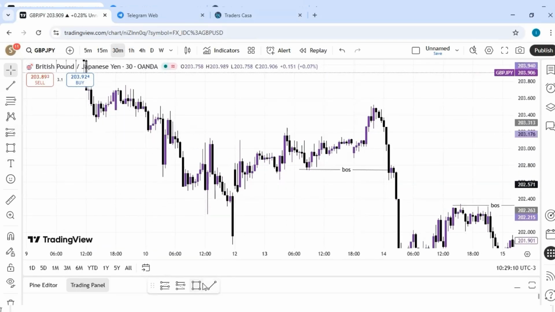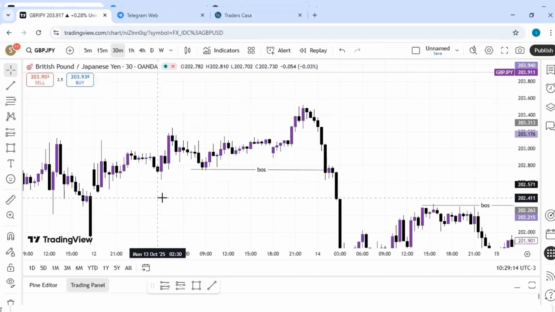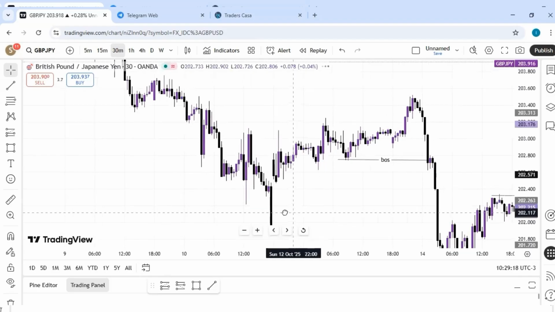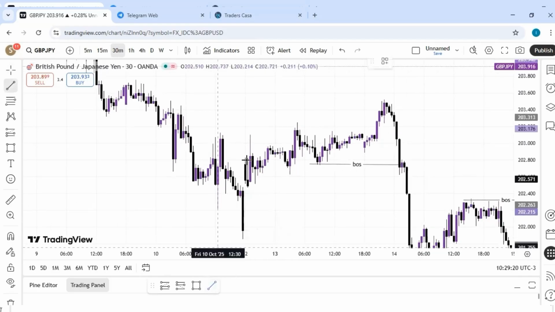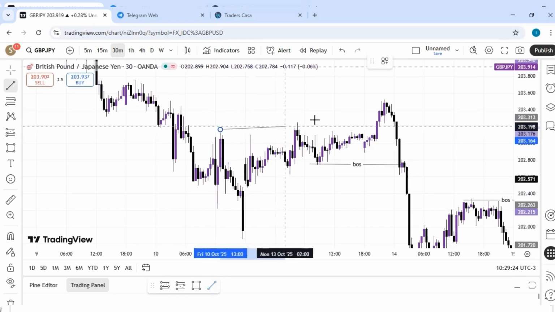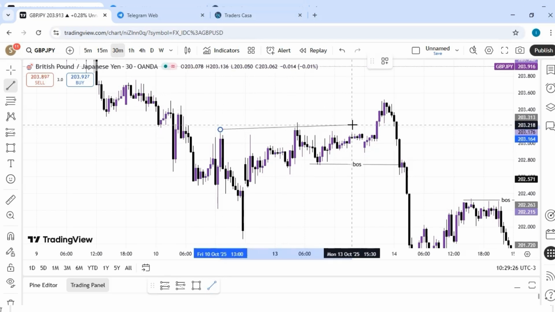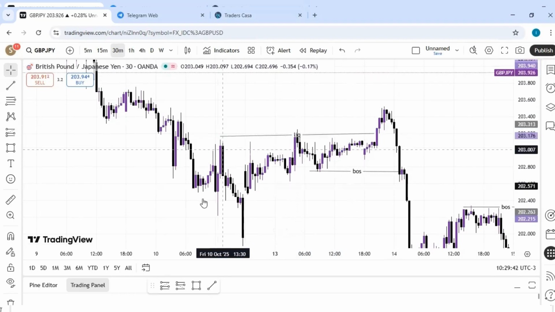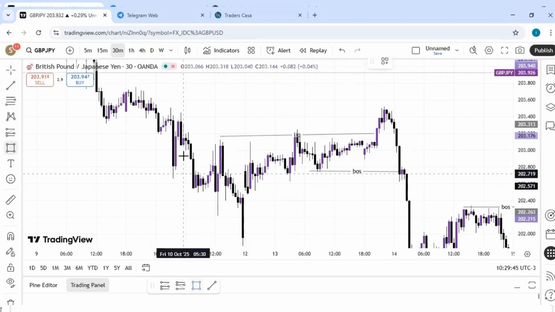Like now, if you check this trade very well, you can see that there's a liquidity here that price broke from, and there's an order block. There's a liquidity here, and this is the other block, bearish order block.